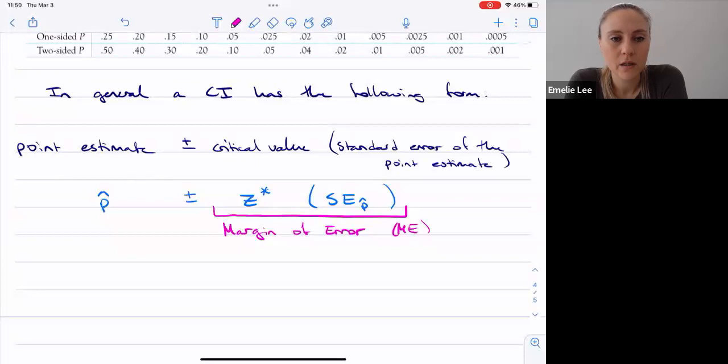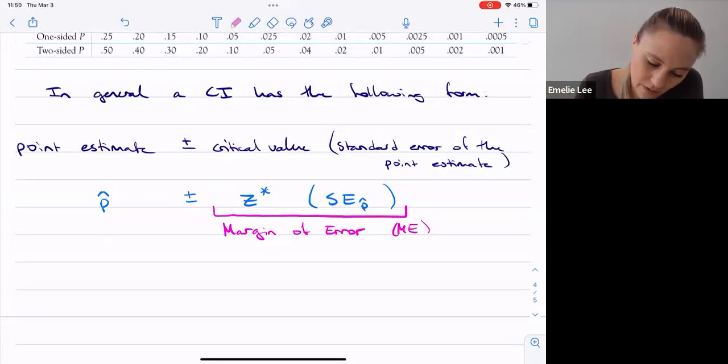The margin of error comes up, especially in research papers and stuff like that. And so if you're reading research papers, then it's good to be aware of what the margin of error is. But the margin of error is just the plus minus chunk of the interval.